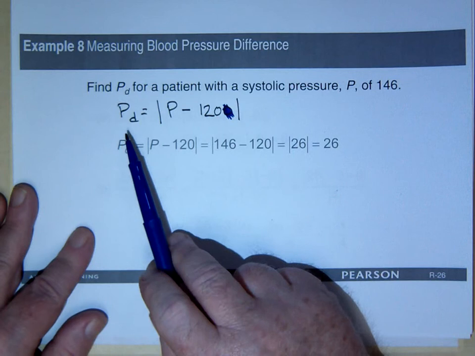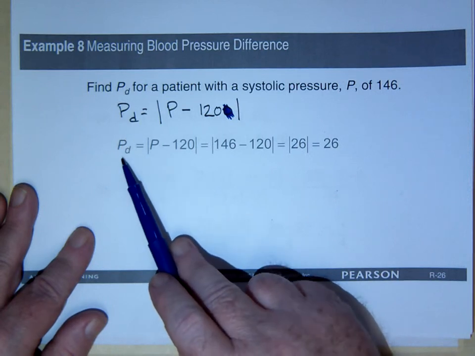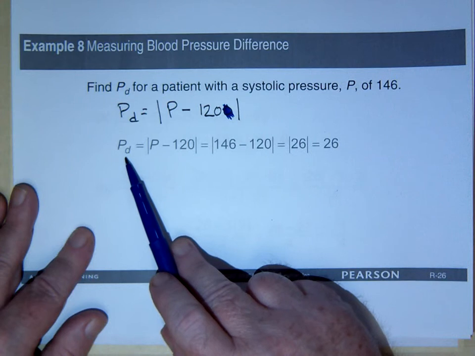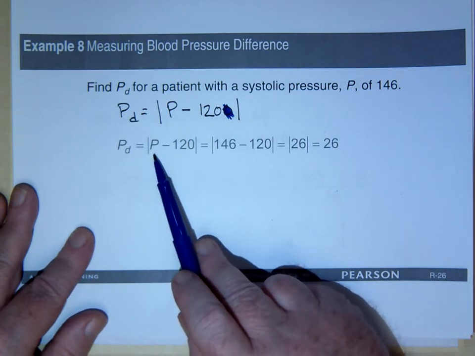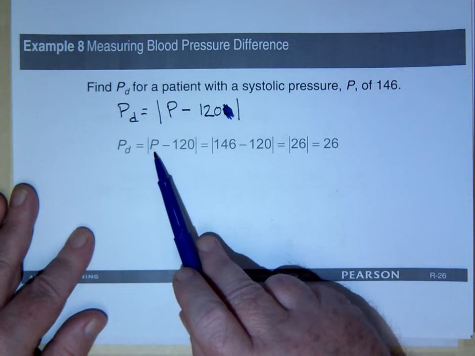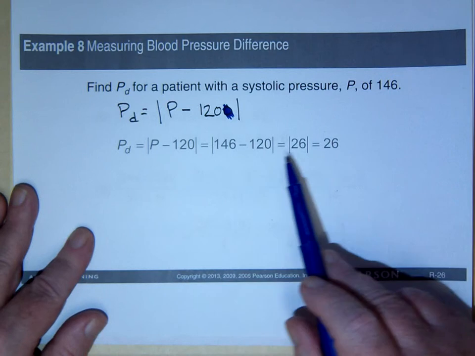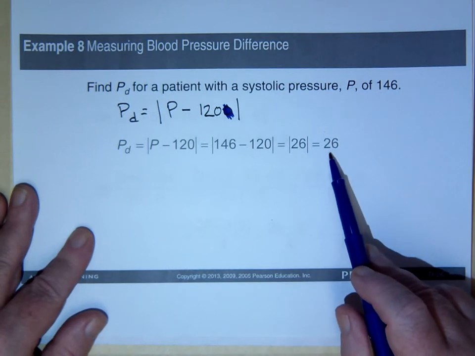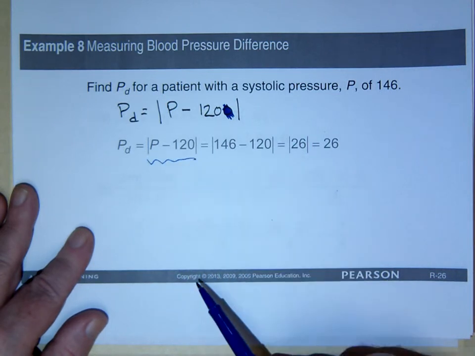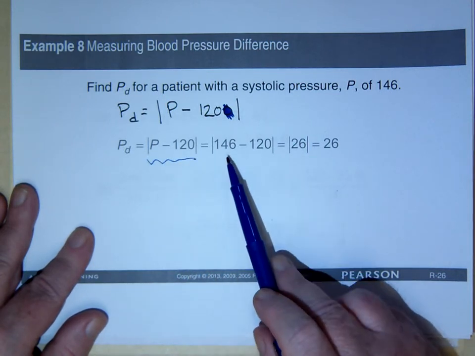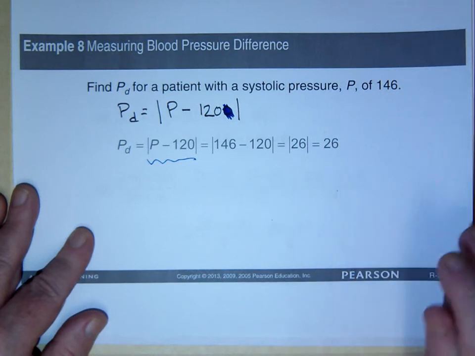If the P sub D, that's the blood pressure difference between the normal reading of 120 is compared with a reading. If it is too low, that's an issue. If it is too high, that's an issue. So it really just has to do with how different is it from the normal reading. So if someone had a blood pressure of 146, this would give you a reading of 26.